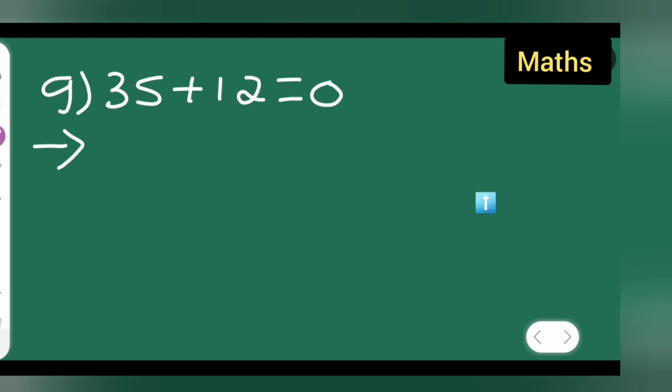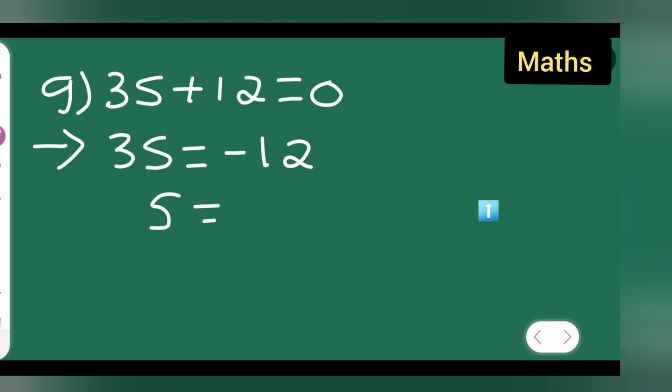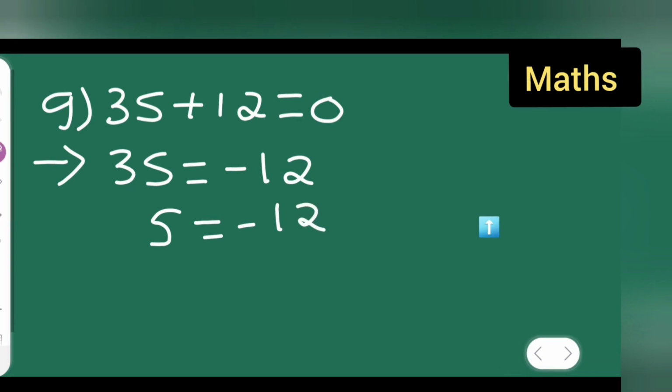Next you can see 3s plus 12 is equal to 0. So how are you going to do this? 3s is equal to minus 12. So it will be s is equal to minus 12 upon 3, right?